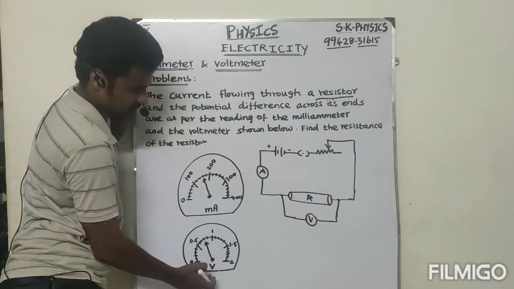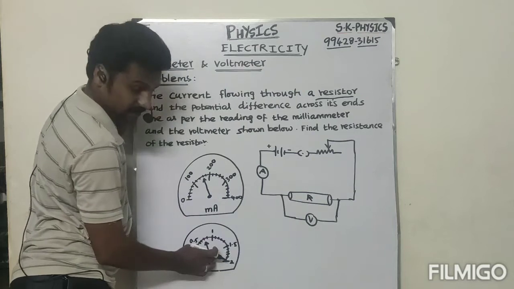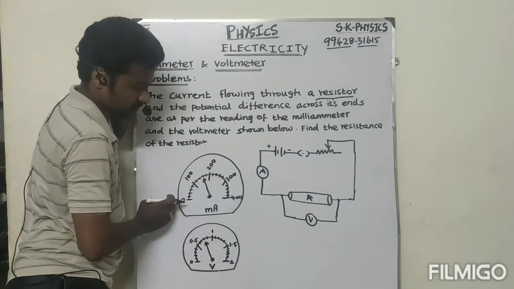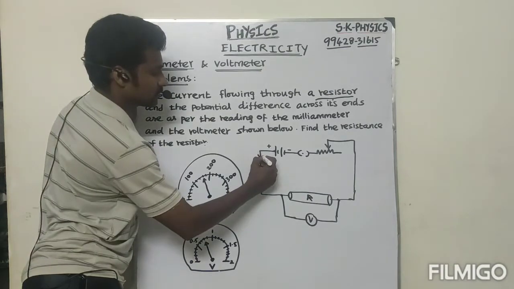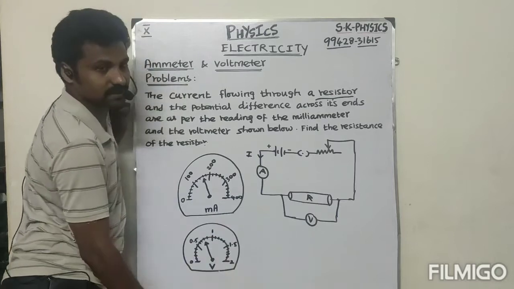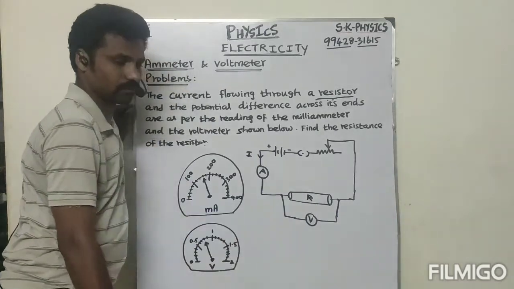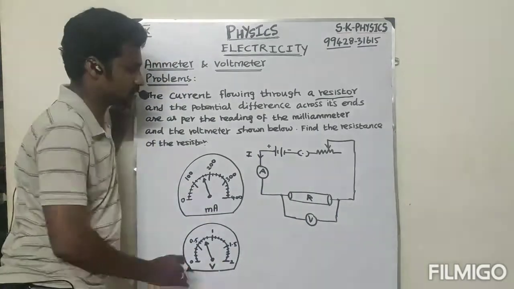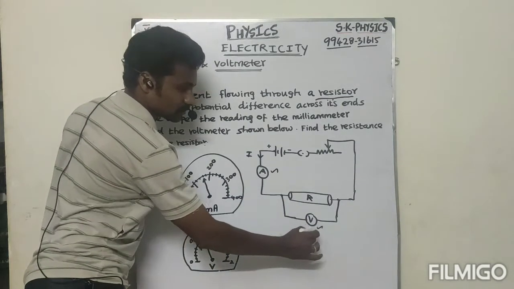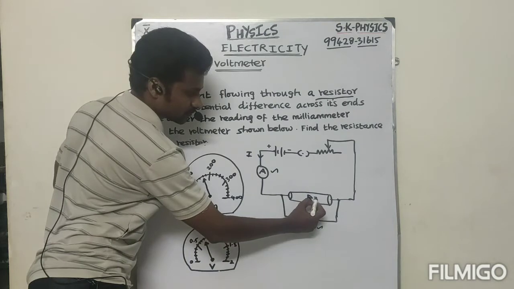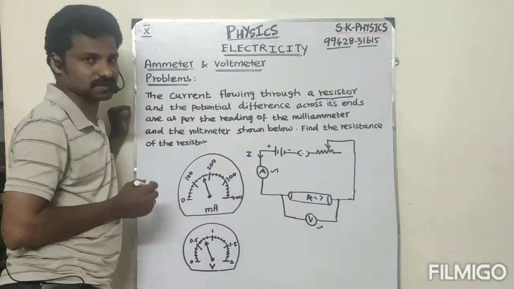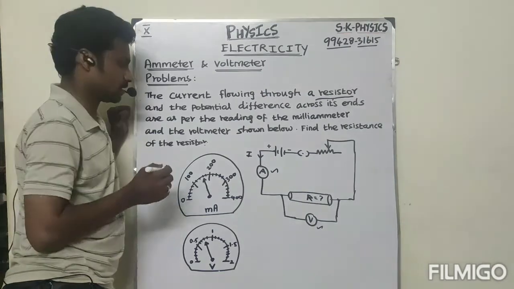So the voltmeter is given, and this reading is in volts. Then some milliammeter value is given, so the current flowing through the circuit is I. Here the voltage drop is given. So what is the R value we want to find? That is the question. Ammeter reading is given, voltmeter reading is given, then what is the resistance of the conductor? That is the question.